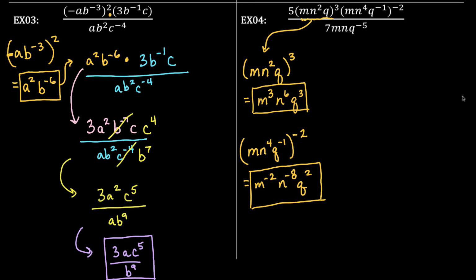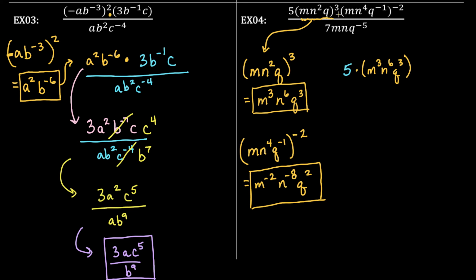All right, so I'm going to write this whole thing out. The 5 was still there, and then multiply that by m to the power of 3, n to the power of 6, q to the power of 3.